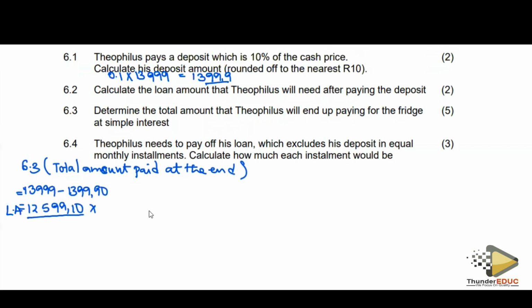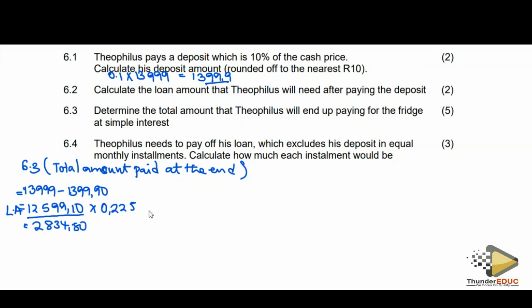So we shall say 0.225. And we end up having interest of 2,834 rands 80 cents.